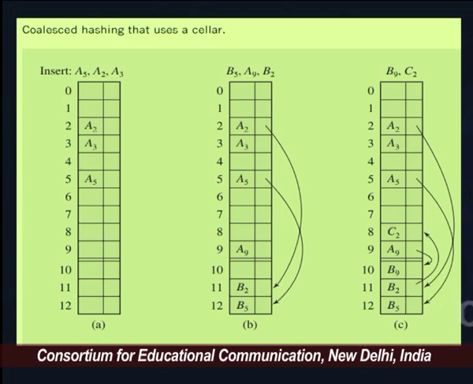Then there comes A9. So, A9 is kept at its original position. Then there comes B2. Now B2 is kept at the last available position. The 12th slot is already occupied by B5, so the next available slot is the 11th slot, and B2 is stored there, and obviously there is a chain or link from A2 to B2.